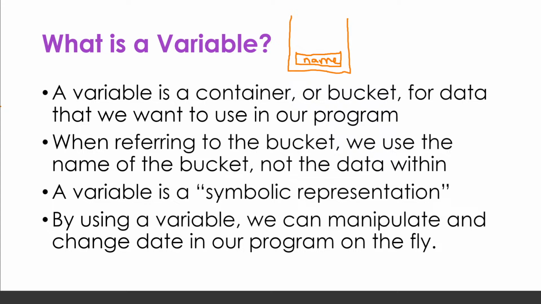So then when we refer to the bucket, we're referring to the name on the bucket and not the data within, right? We call this a symbolic relationship, because the name that's on the container has a relationship to the data that's inside of that container.